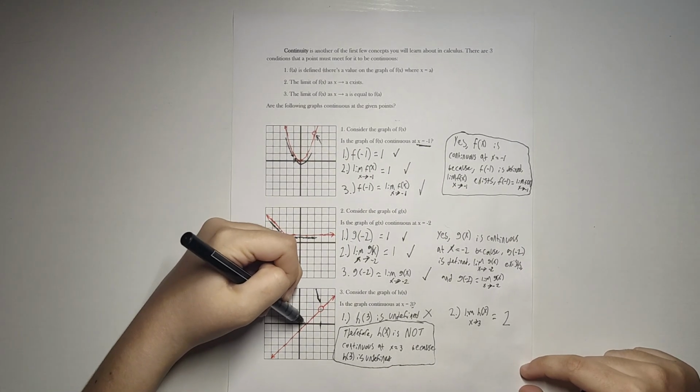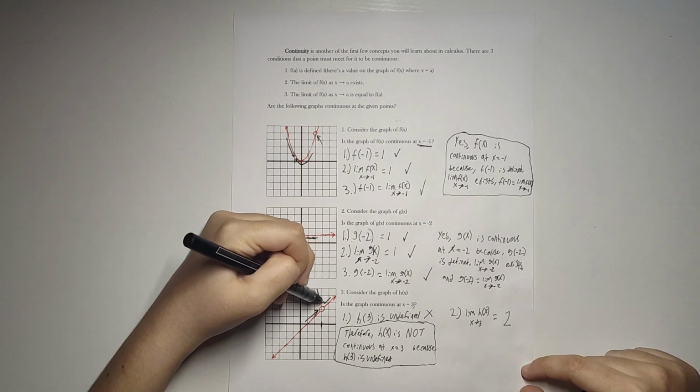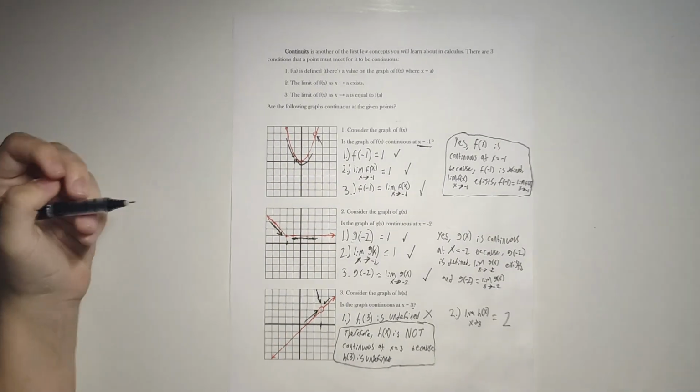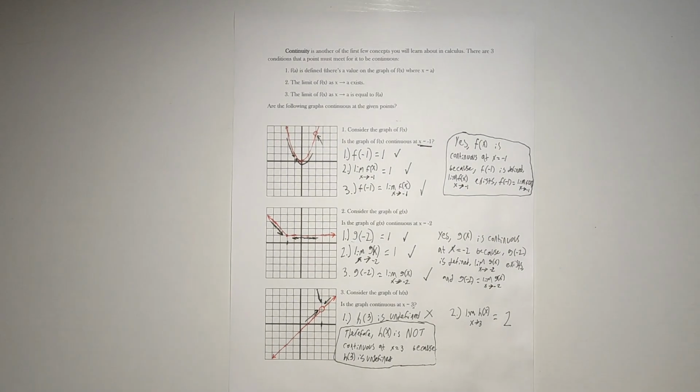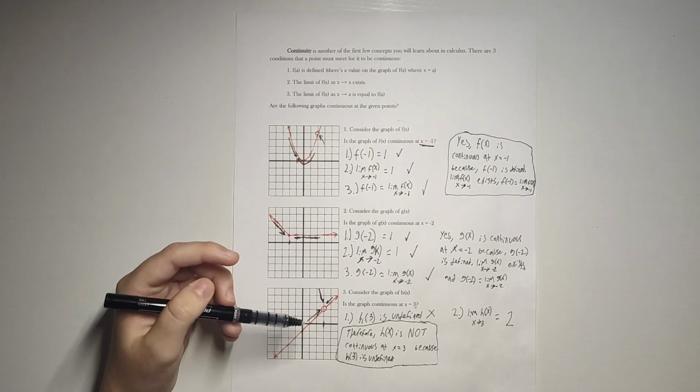That doesn't matter because from this side it's approaching 2 and from this side it's approaching 2. So just one thing I wanted to clarify is that the limit actually would exist in this case.